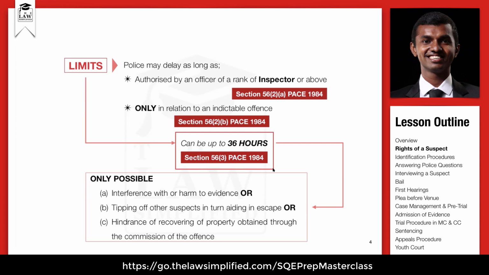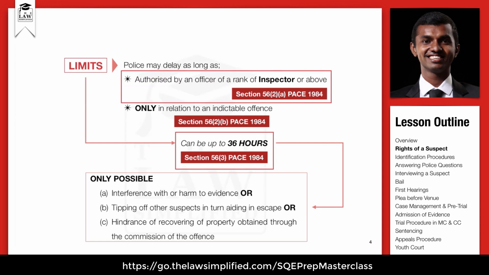Now, even in relation to any of this, it's not automatic. This decision has to be preceded by an authorization provided by someone who is at inspector or a higher level in terms of rank.